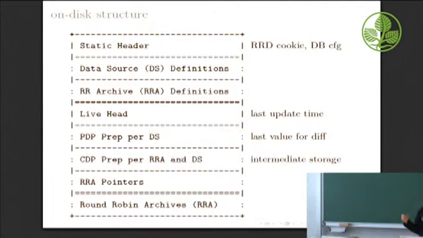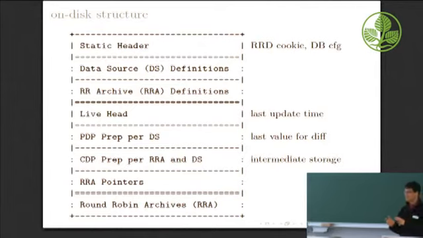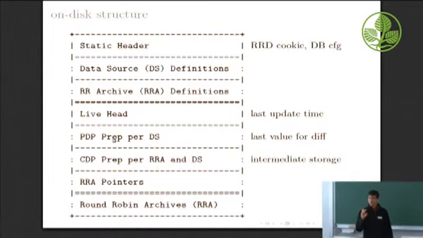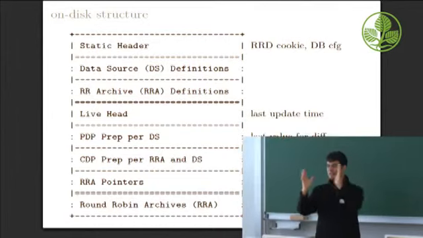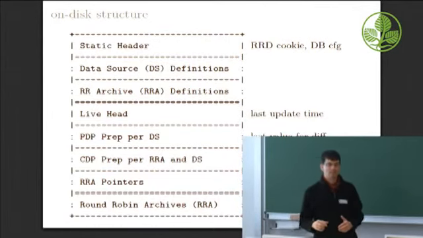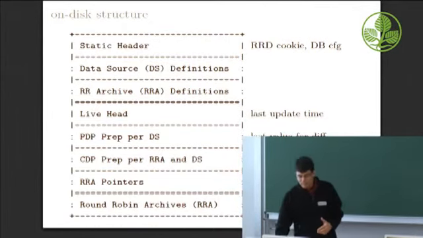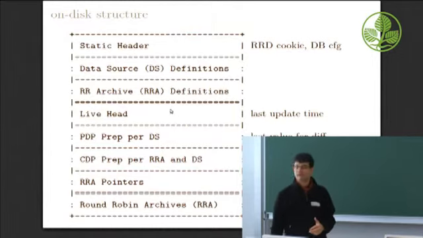So for all the round-robin archives, data preparation areas are stored in that location, and also the location where the data is being resampled into those base intervals you set up for the database, meaning that as you're updating the round-robin database, only this part, this very beginning of the database, has to be touched.